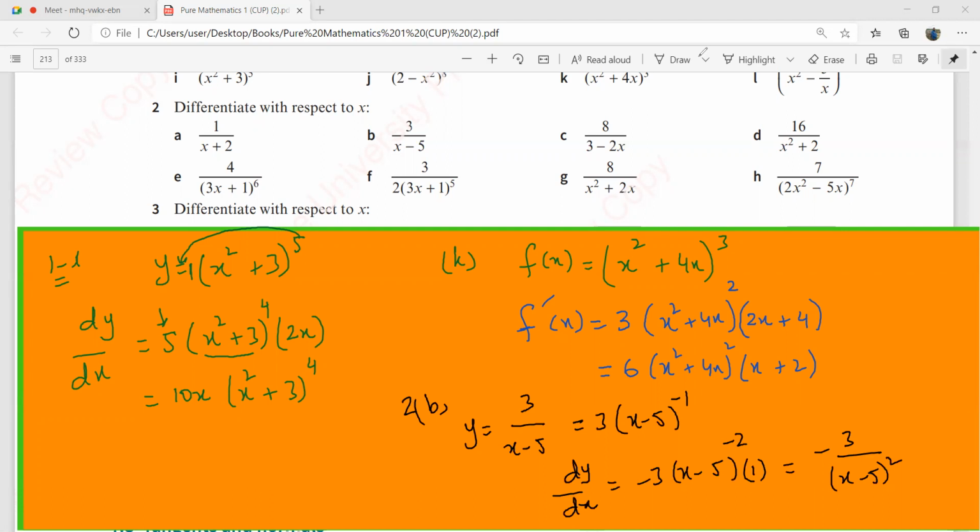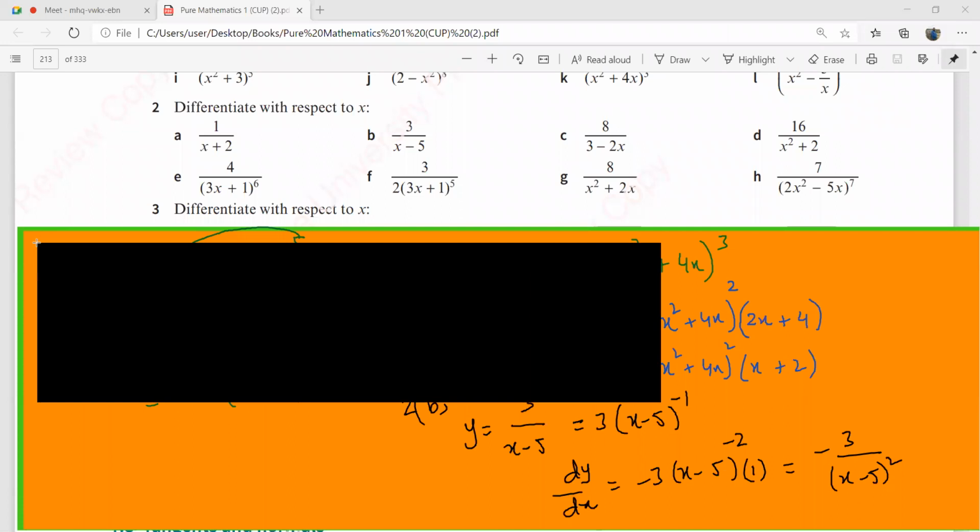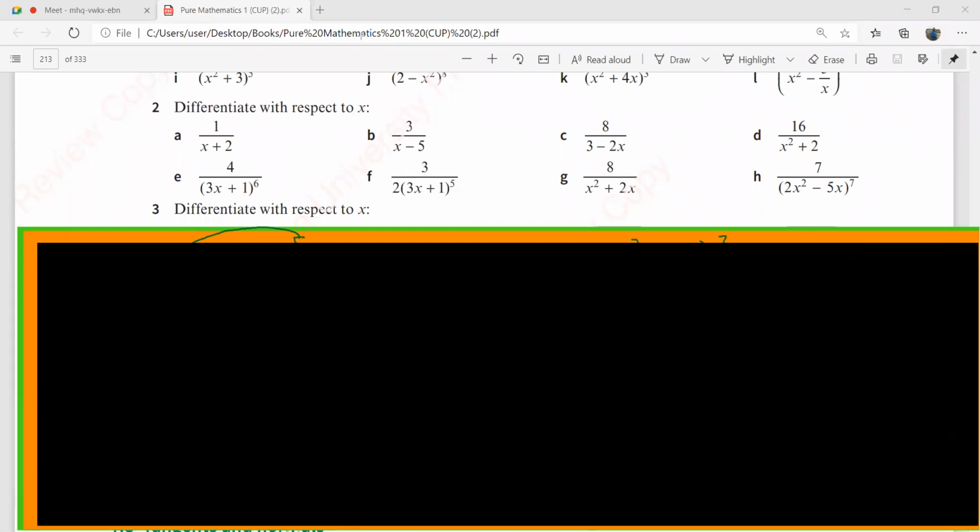Okay. Similarly, if you people look at, let's say, this f part, for instance. Let me cover this area. Let's look at this f part now. Okay, in this f part, guys, you have, let me put that as f of x, that is equal to 3 over 2 into (3x plus 1) raised to power 5.